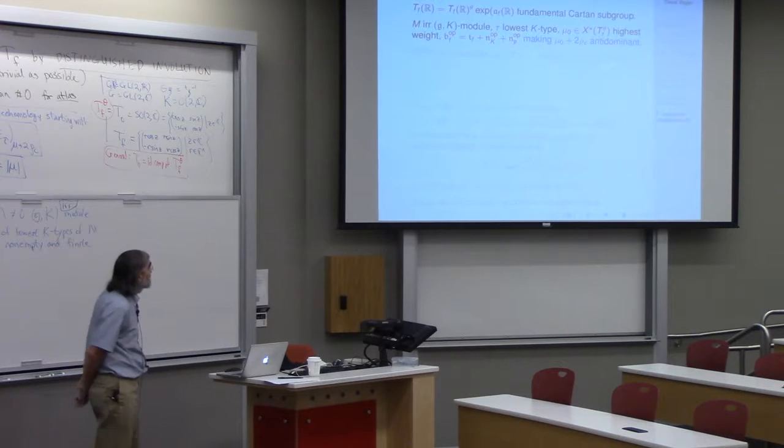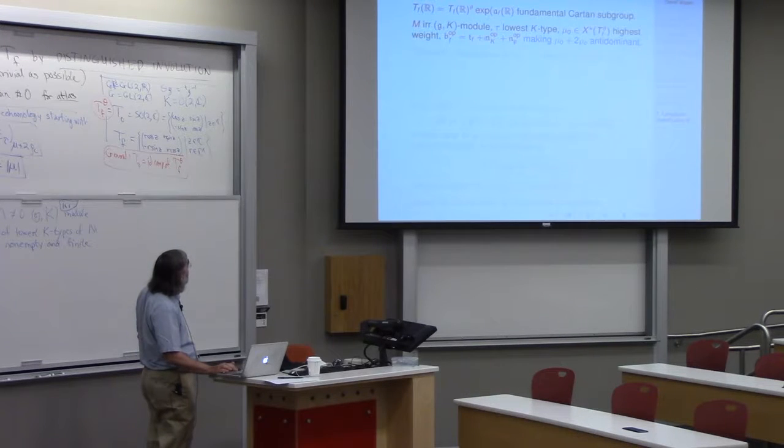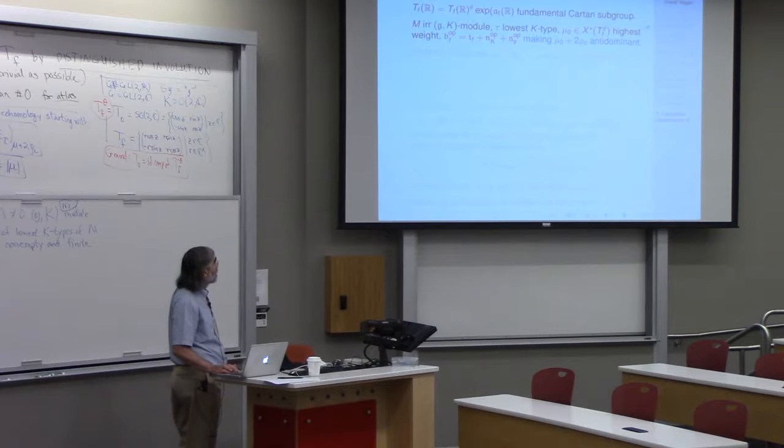So tau naught is the lowest K type, and mu naught is the highest weight of the lowest K type, and then I picked this Borel making mu 0 plus 2 rho c anti-dominant.